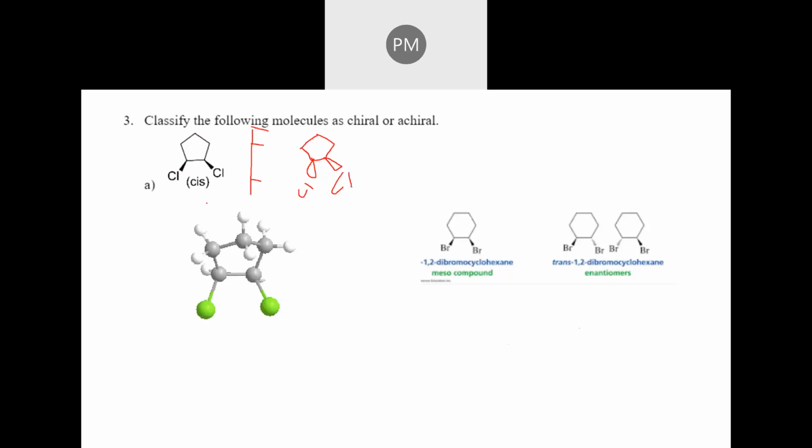So this molecule is not chiral. This will be our achiral molecule.